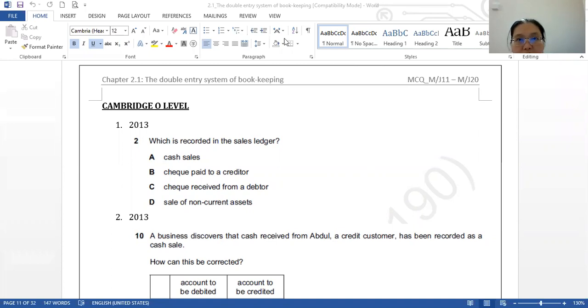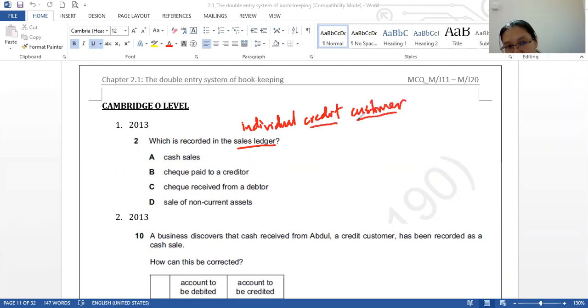Number 1. Which is recorded in the sales ledger? Sales ledger is to record the individual credit customer.